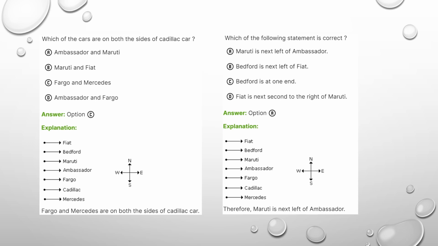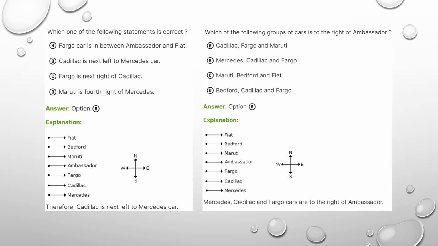Yes, when the question is related to which of the following statement is correct, then you have to go through all the options even though you find the right option at B or C. Now in this case A is the right option, but still you need to go through and understand whether B, C, D options are wrong or right. Yes, then only you can confirm that your answer is correct.